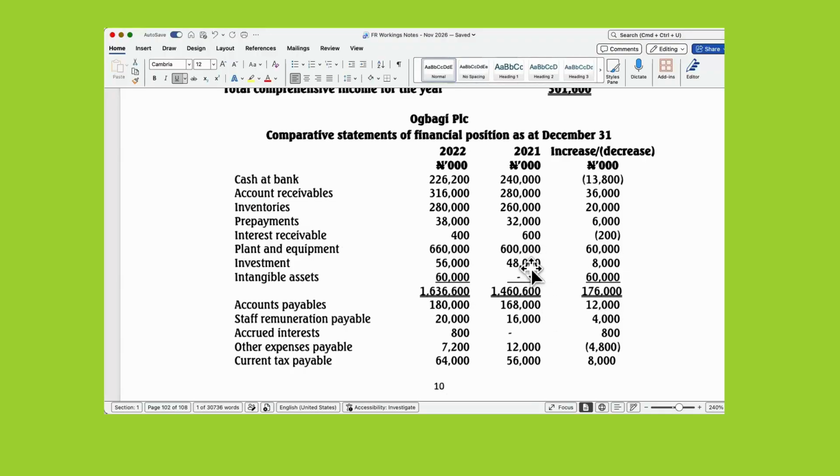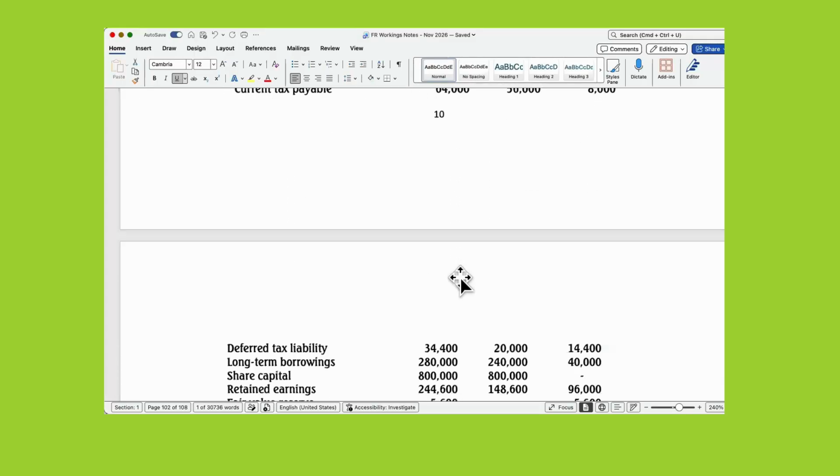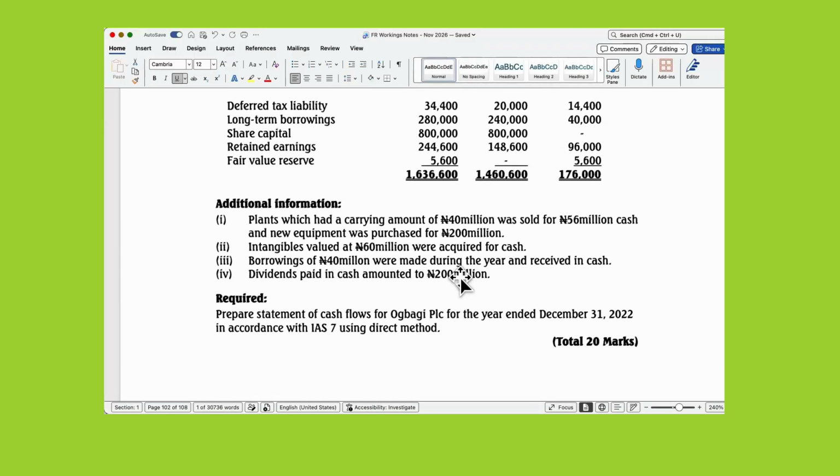In 2021, it was zero. So it increased by 60K. The examiner still came and told me that intangibles valued at 60 were acquired for cash. Even if they don't tell me, that's the assumption. You acquired intangibles. But the examiner is very nice.